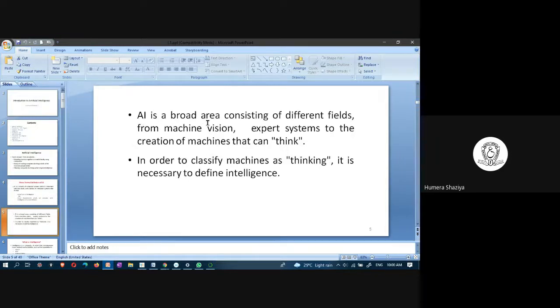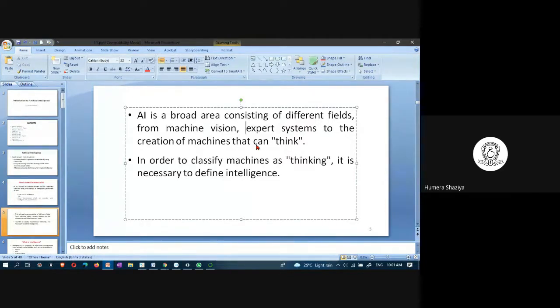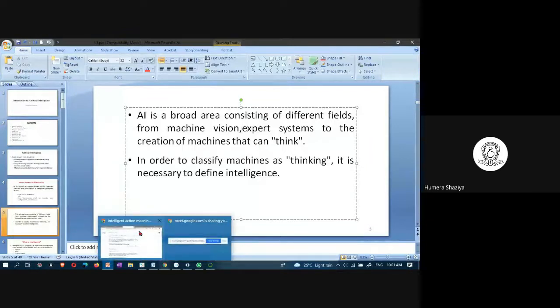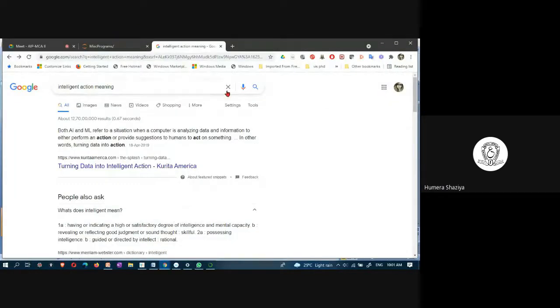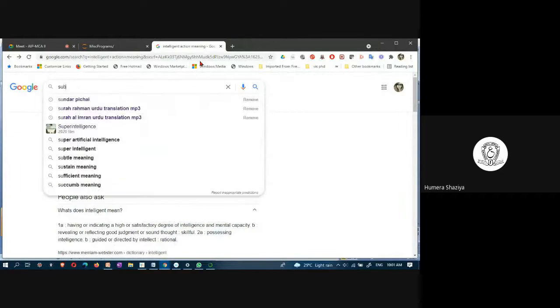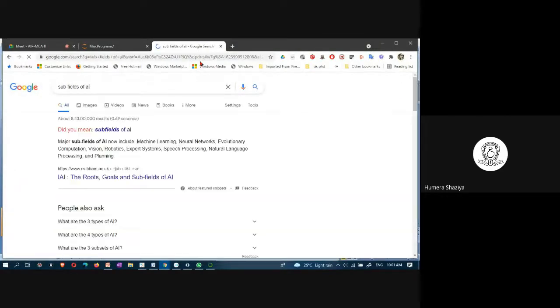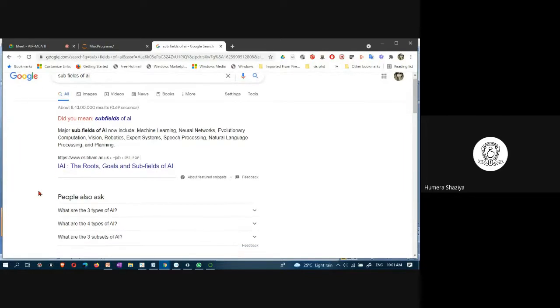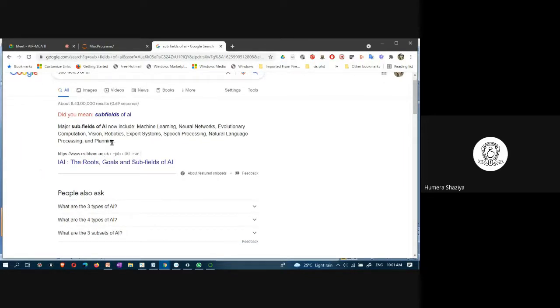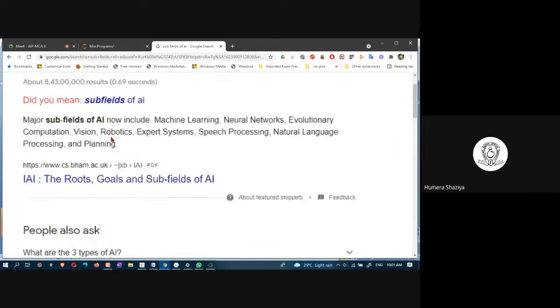AI is a broad area consisting of different fields. AI encompasses machine vision, expert systems, subfields of AI. AI is a broad area. AI does not mean everything.